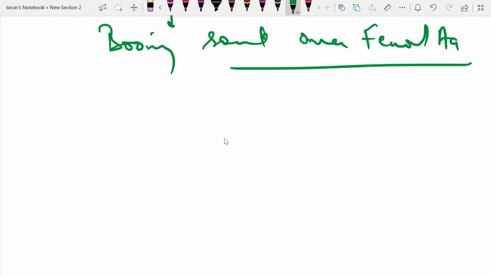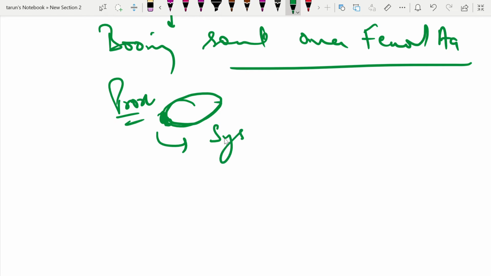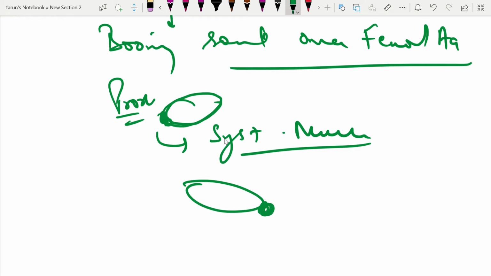Then comes another. You can hear the systolic murmur on compressing the stethoscope proximally. So you are compressing it proximally, and you will get the systolic murmur. If you compress it distally, then you will get the diastolic murmur.